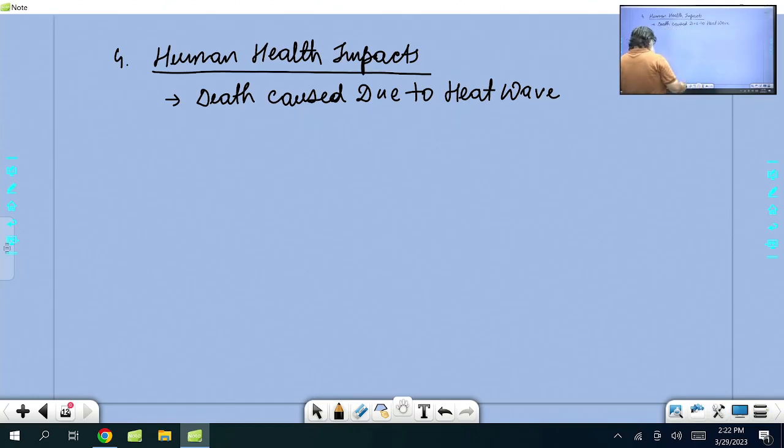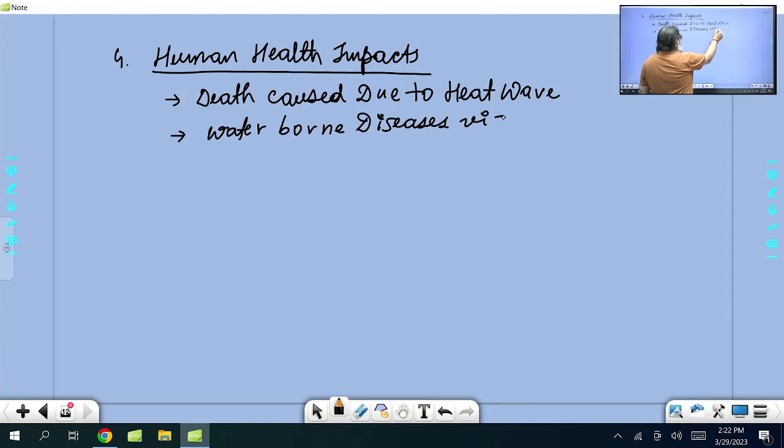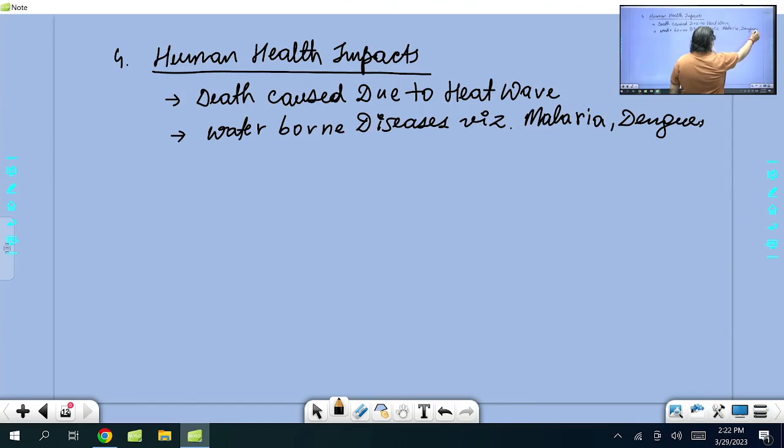Then again, you know that another thing will be what? Another thing is this one. Waterborne diseases. Such as, let's say, vector-borne, like you know, malaria, dengue. Right? Then these are mosquito-borne.